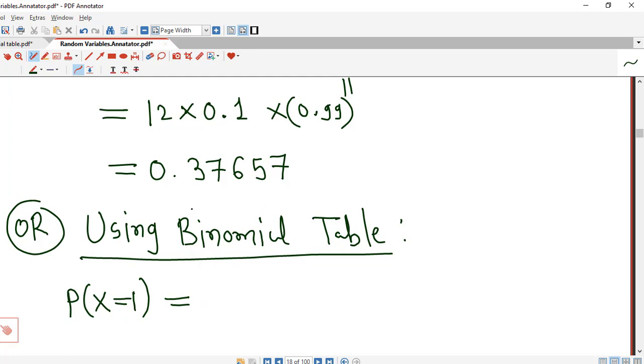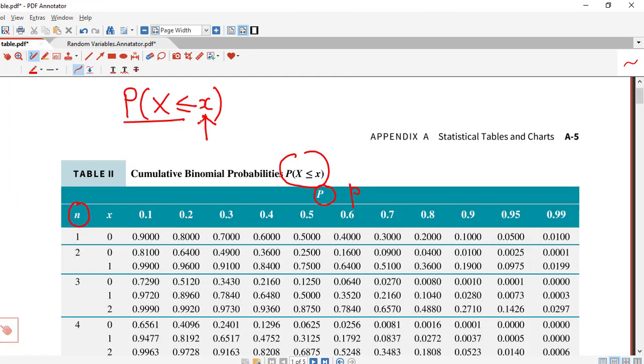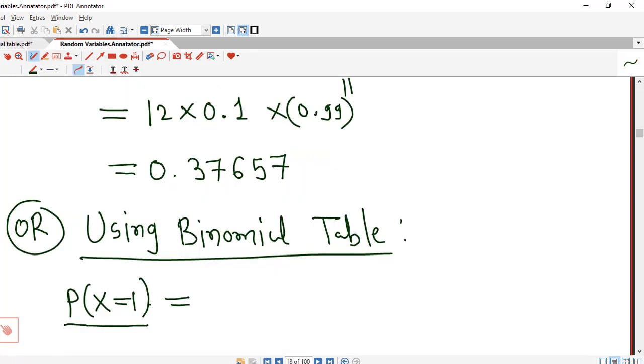So we are asked to find out probability that X is equal to 1. Now we have table for cumulative probabilities. We require probabilities of this type. So here I have to convert this probability into cumulative probability. So this I can rewrite as probability that X is less than or equal to 1 minus probability that X is less than or equal to 0.